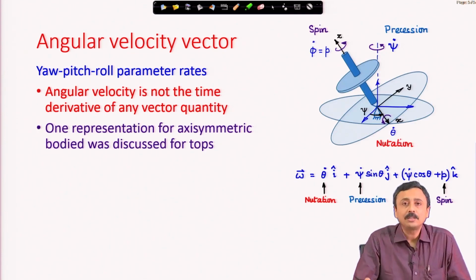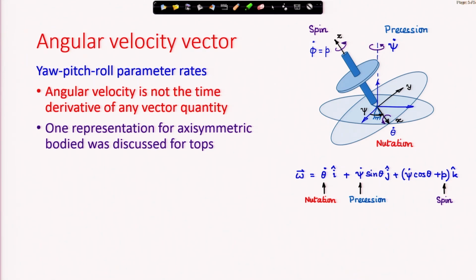Recall the axisymmetric body moving, spinning, precessing and nutating, the general motion of an axisymmetric body that we have discussed.